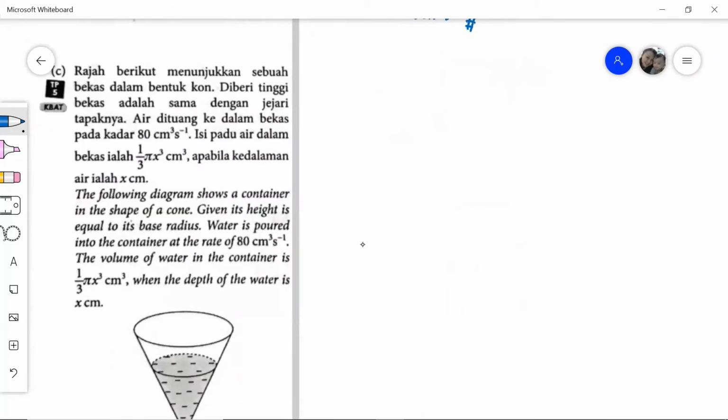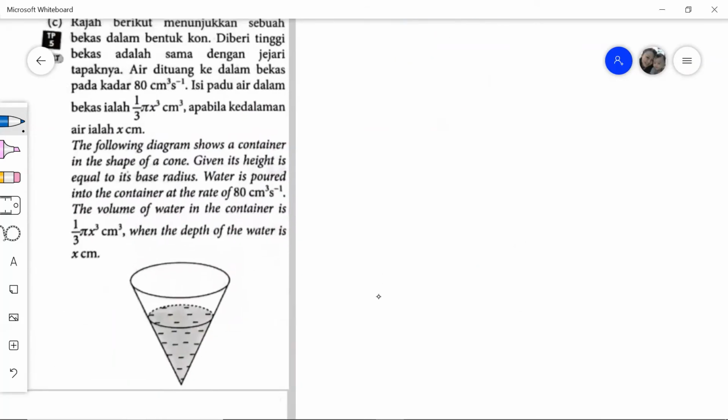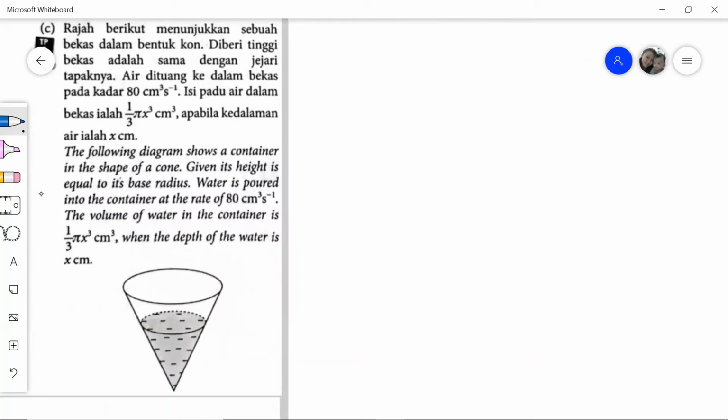Now for part C, the following diagram shows a container in the shape of a cone. Given its height is equal to its base radius.